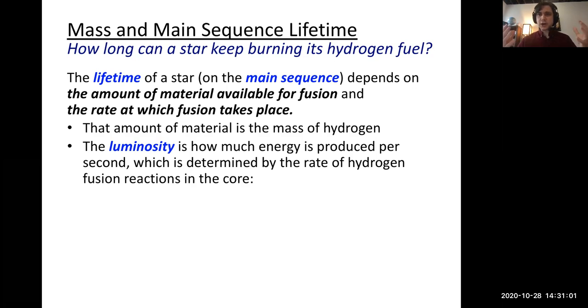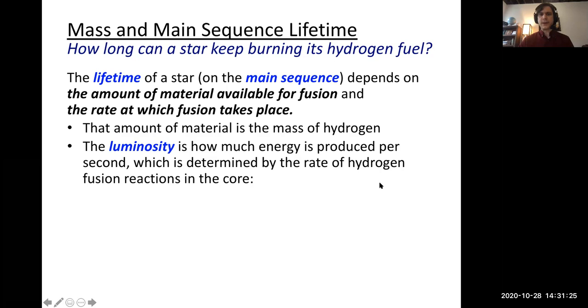And since the star on the main sequence is in hydrostatic equilibrium, that is the amount of energy being produced by nuclear reactions in the cores of these stars. So the luminosity tells us how much energy is being produced every second. And we can calculate how much hydrogen needs to fuse to helium to produce that amount of energy. We did this with the sun.